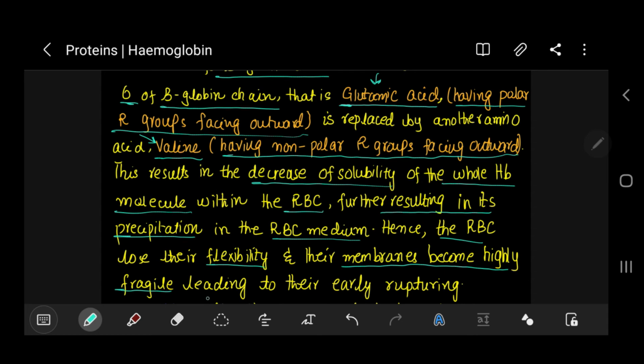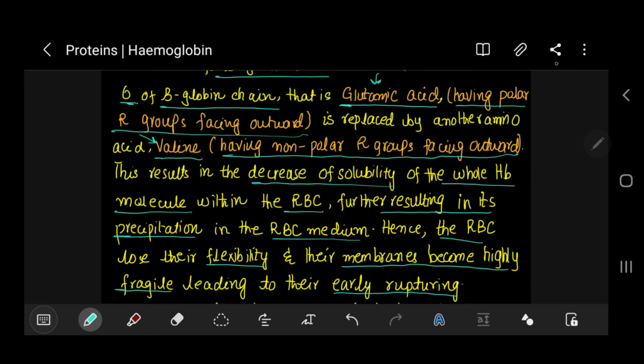This leads to their early rupturing, and obviously they cannot perform their function properly, so oxygen cannot be properly transported throughout the body.